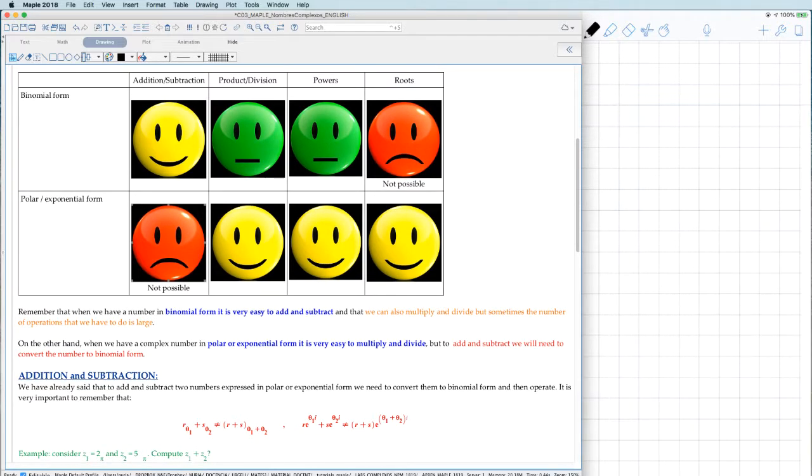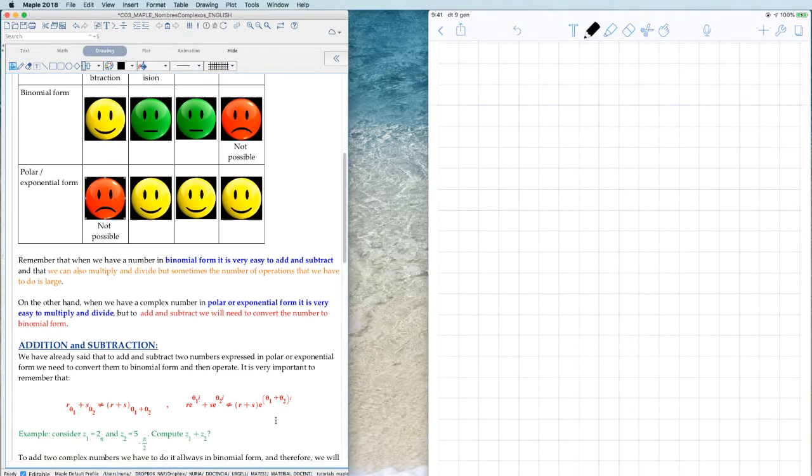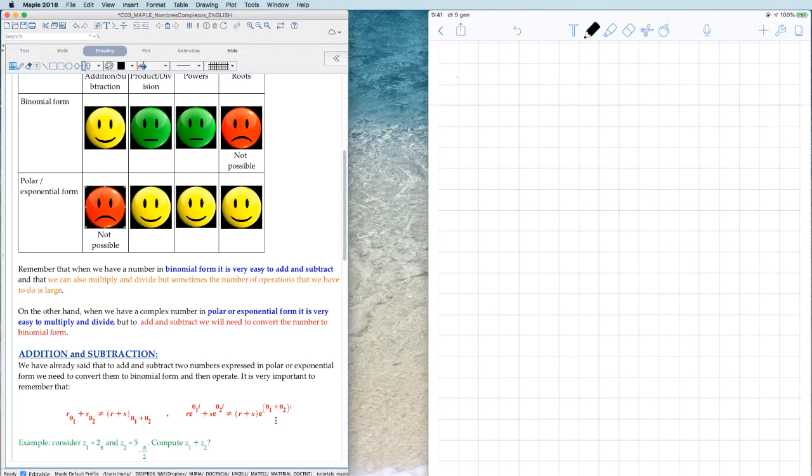So let's do this exercise. We have two numbers in polar form. Z1 is 2 with angle pi. Z2 is 5 with angle minus pi over 2. In this case, since the arguments are very easy, we don't need to use the formula. So Z1 has modulus 2. Imagine that this is a circle of radius 2 and angle pi.